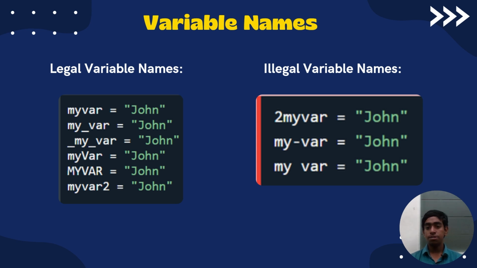Illegal variable names should not start with numerical values, and also we should not include spaces in variable names when we are giving them. And here are the legal and illegal variable names.